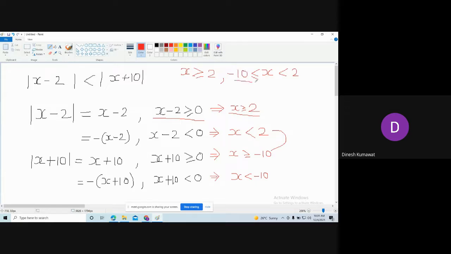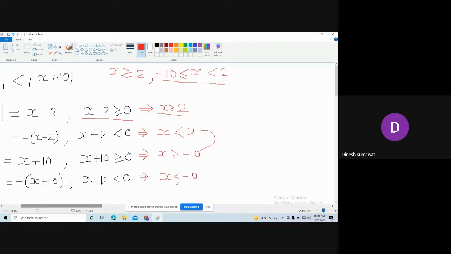That's why we have this second condition. And the third condition is x is less than minus 10. So these are our three conditions: the first one is this one, combining the second and third gives us the second condition, and this is our third condition.